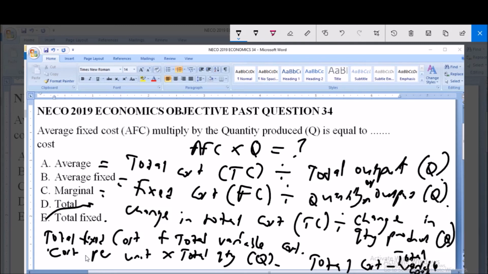Now cost per unit in a way can also be estimated as average fixed cost, so multiplied by total quantity, and we said that is another formula for total cost.